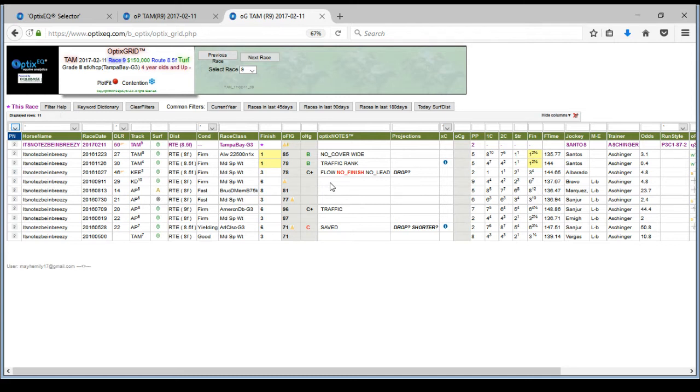Comes to Tampa, which arguably, maiden special weight at Keeneland to Tampa is probably a drop. B grade there, traffic, rank. Kind of scroll over this extended comment. Again, these Tampa races, I did some notes at Tampa around the NHC, but for the most part, these are not my notes. I know John Doyle's doing them now. So: throttle down, found room, much the best, can improve with a rider change.